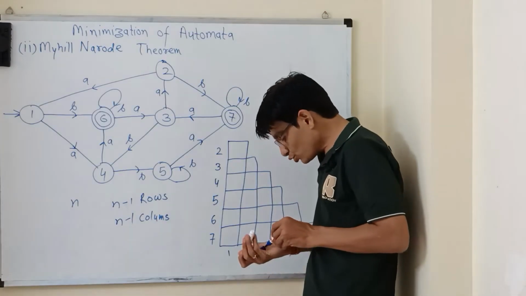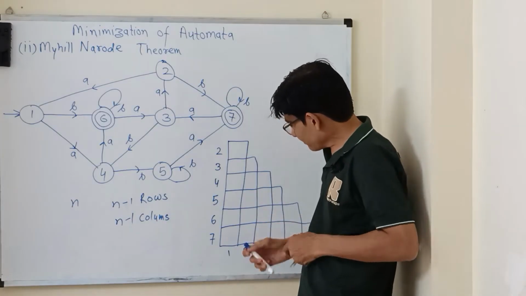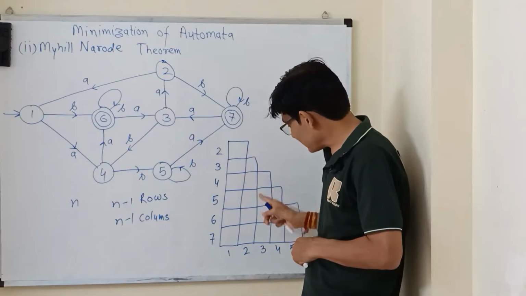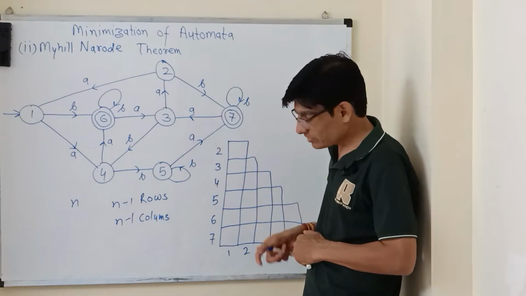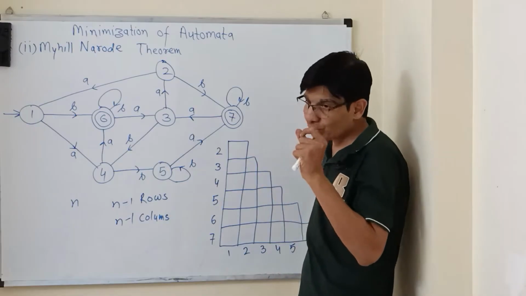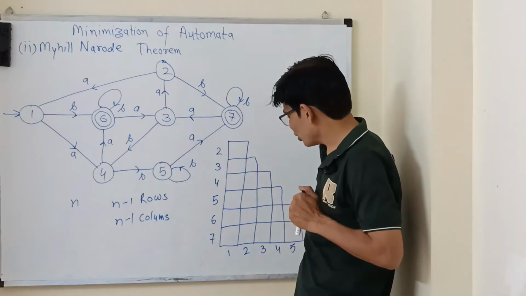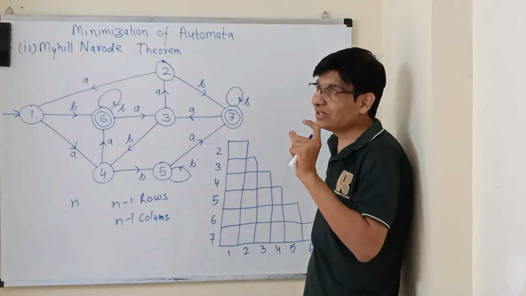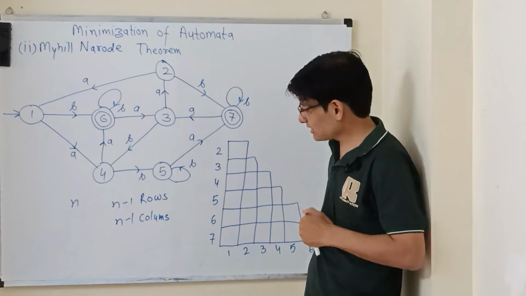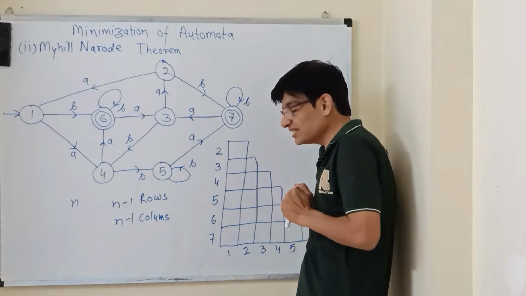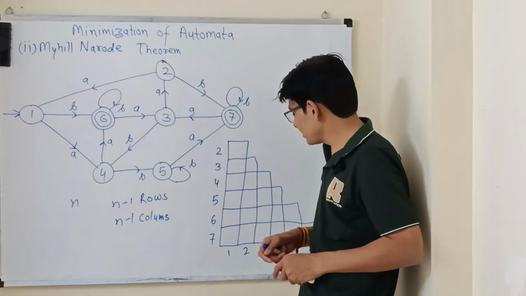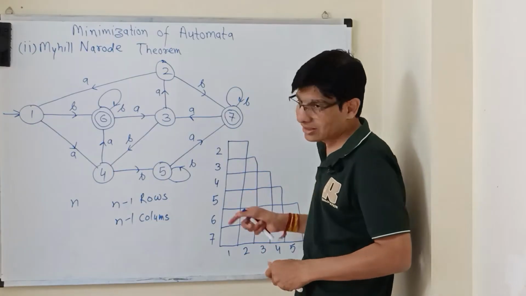Now we need to put a cross in each block. We will try putting a cross in each block, and at last, the blocks in which we are not able to put a cross, the combination of these two states would be merged.